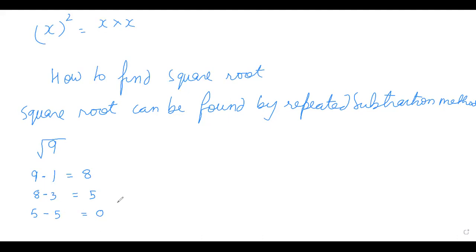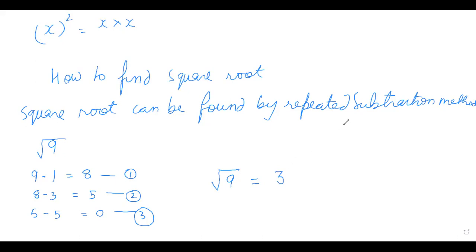Now the next step is to count in how many steps we got 0. We got 0 in one step, two steps and three steps. So in three steps we get 0, and we write root 9 is equal to 3.